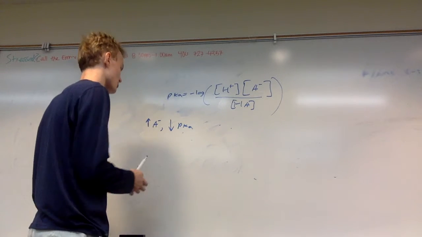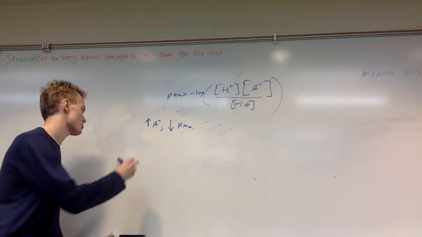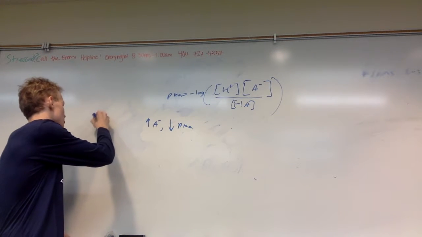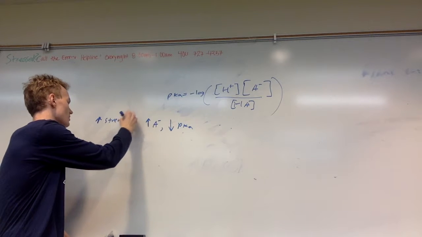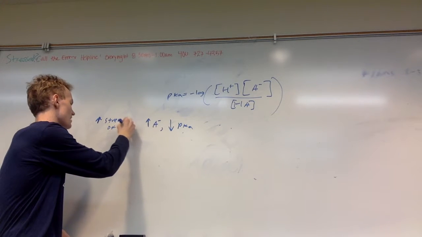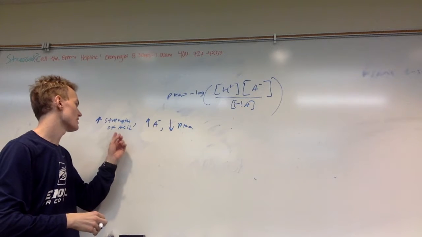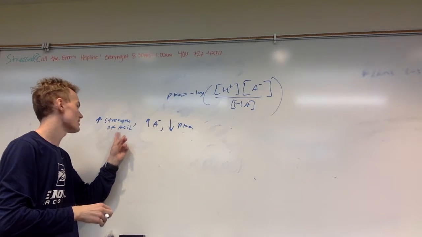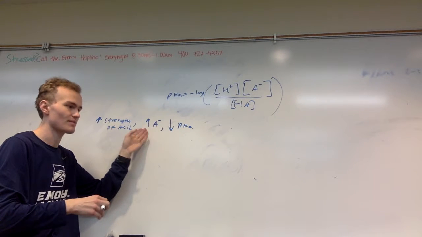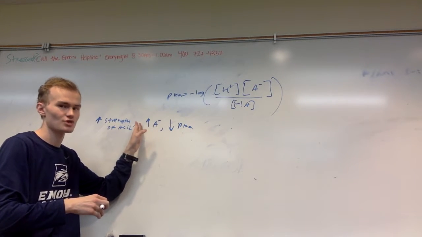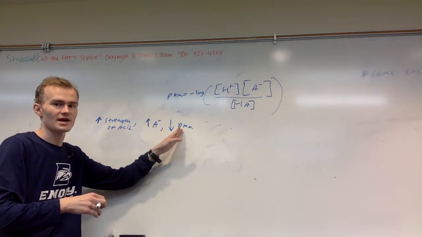The stronger the acid, the more stable the conjugate base. So one thing I can say is, if you increase the strength of the acid, you increase the amount of conjugate base, which means that you will have a lower pKa.